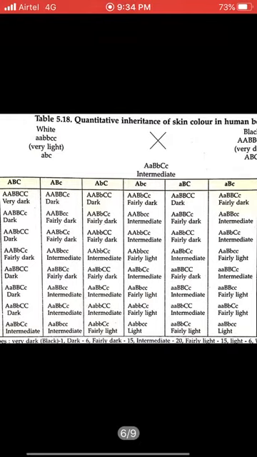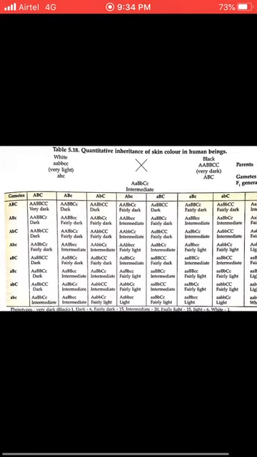Now if we do a checkerboard with this cross, as I told you in a diamond cross, the same happens with this cross, where our quantitative inheritance of skin color is being taken. Wherever the dominant trait A, B or C is there, it will clearly show the dark color, as it stands for dark color.